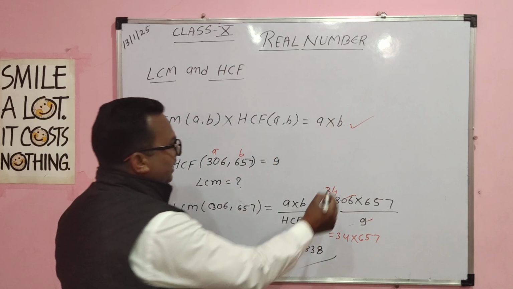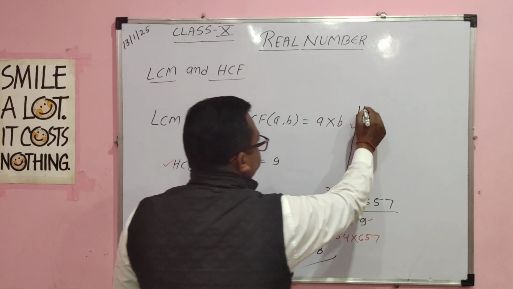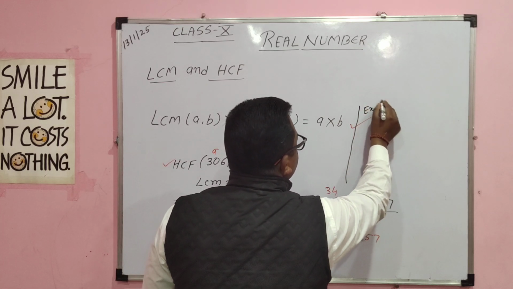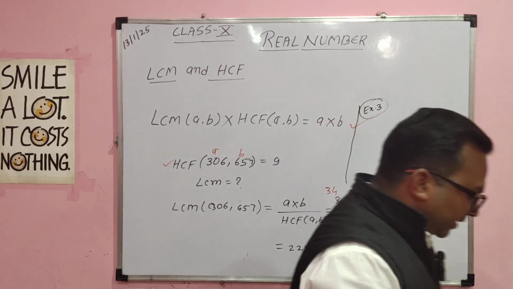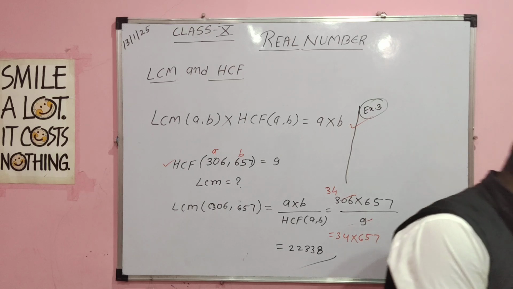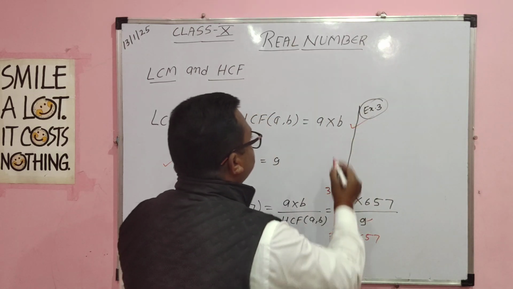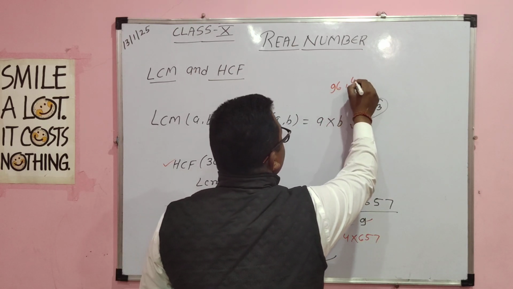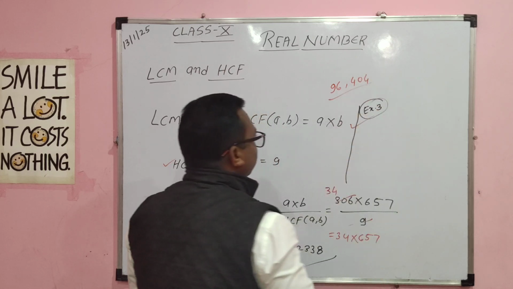A similar question is NCERT Example number 3. Both questions are most important for the exam. We have 2 numbers, 96 and 404.